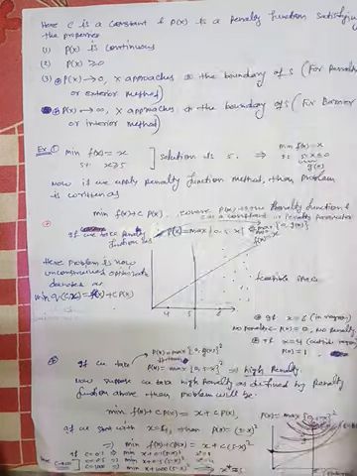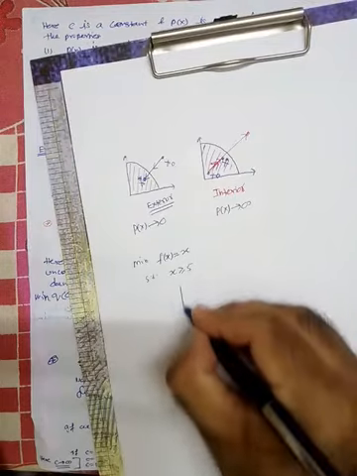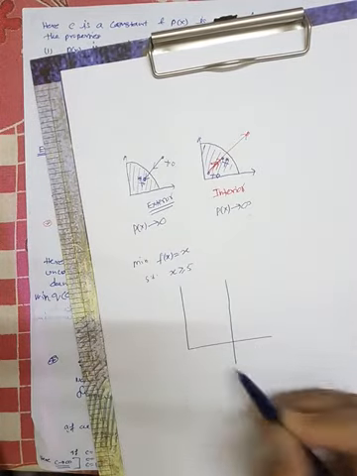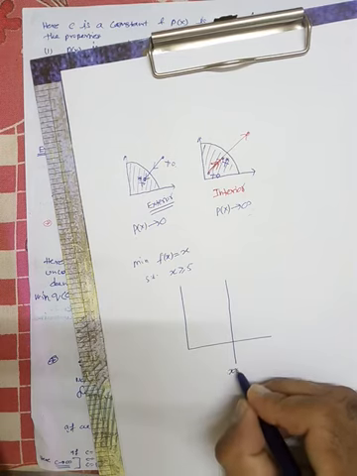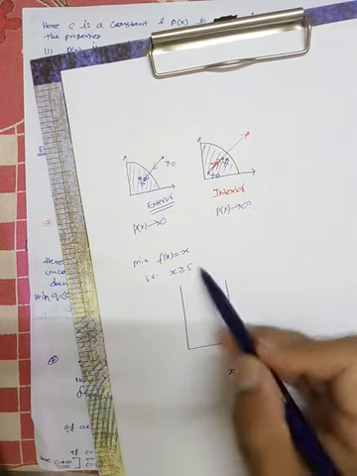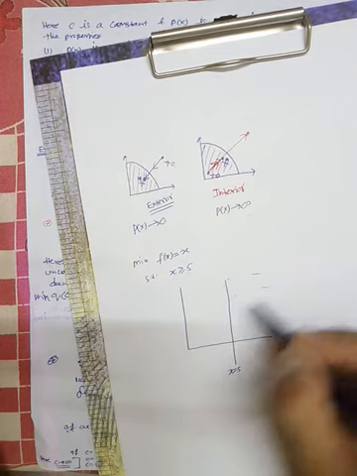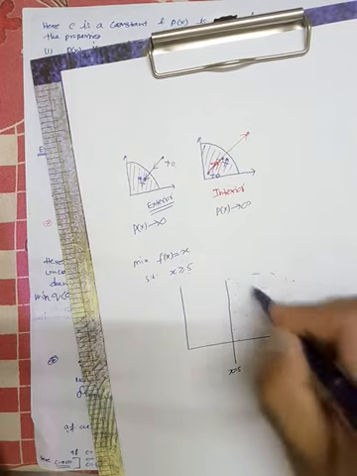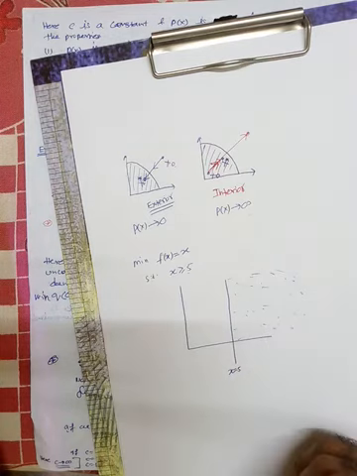So if you draw this, this is your x-axis, here is the barrier, x equals 5. Since x is greater than or equal to 5, this is your feasible domain.